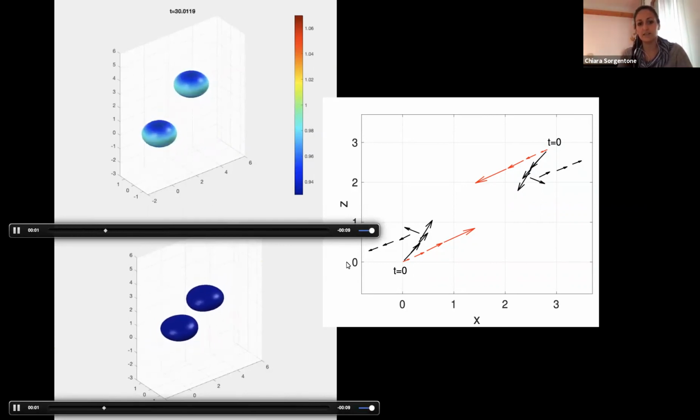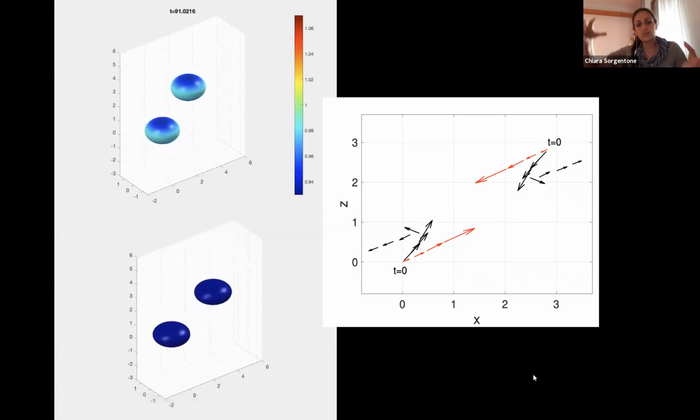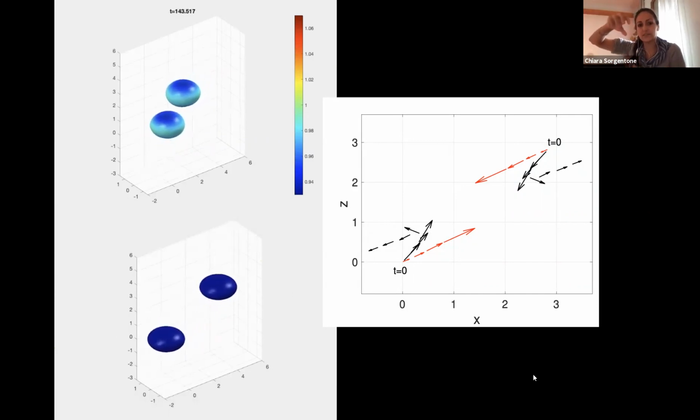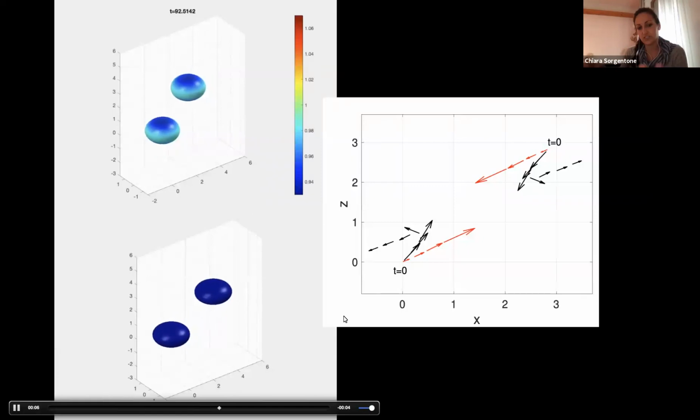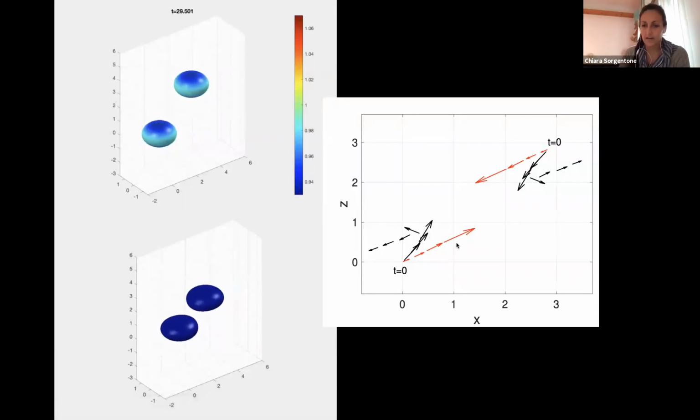So with surfactant, first of all, we can see that the time scales are very different. The two drops attract each other and they align with the field, while instead for the clean case, they start to attract, but then they reach the critical angle and then they repel each other and they misalign with the field, as it's clear from this plot where the arrows are the velocities of the two drops.